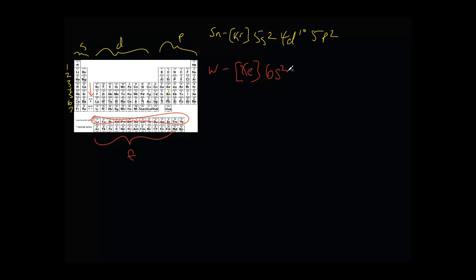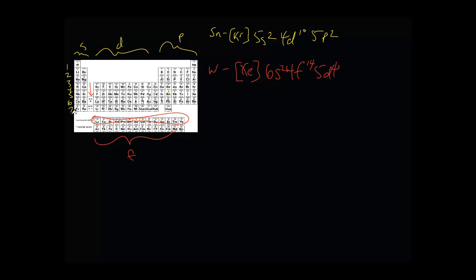It's going to be 4f14. All right, so we're jumping to this row, and then we're going back to the d's. It's going to be 5d1, 5d2, 5d3, 5d4. All right.